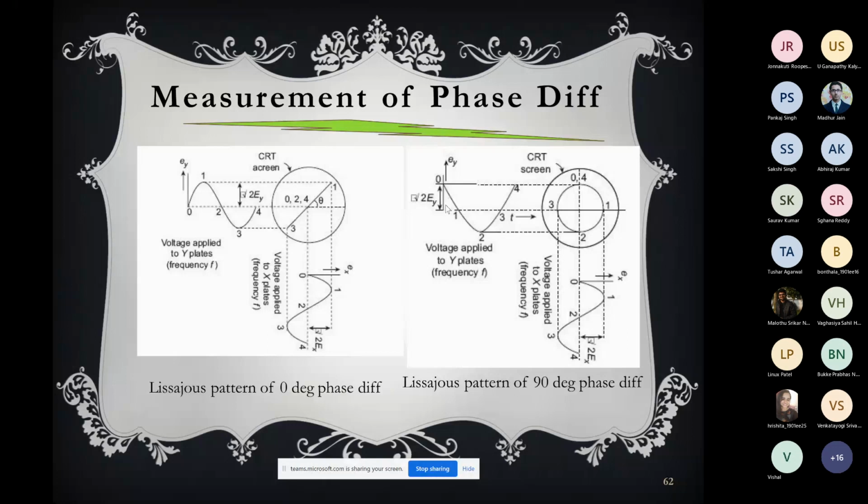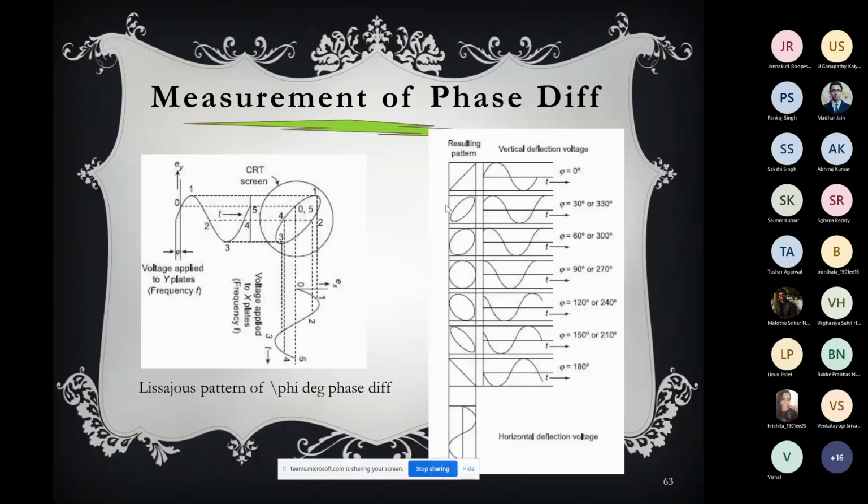Now the question is how. If there is no phase difference, what will happen? Both signals will form a linear line along the diagonal, and that means the phase is zero. Now suppose in the horizontal plate we gave a signal, and in the vertical plate we gave the same signal 30 degrees apart.